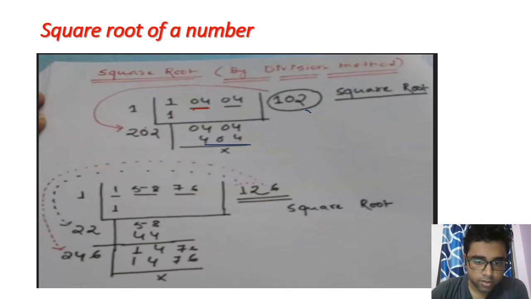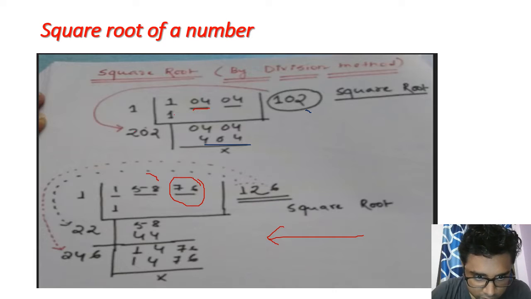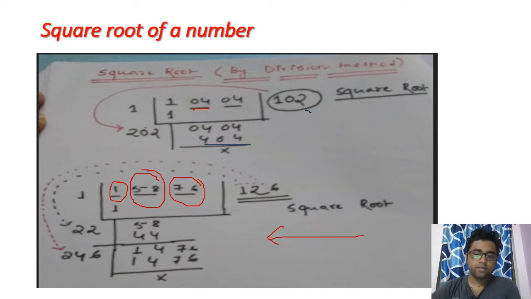Okay, again we have to find out the square root of 15876. From the first step, what should be the first step? From left to right, we have to make pairs of 2 digits and leave the last one as it is. Okay, the first step is clear.